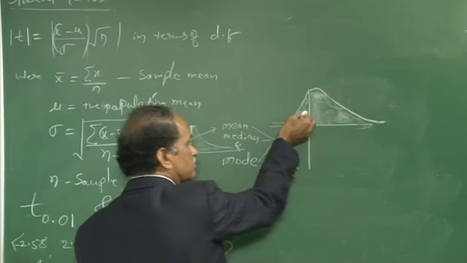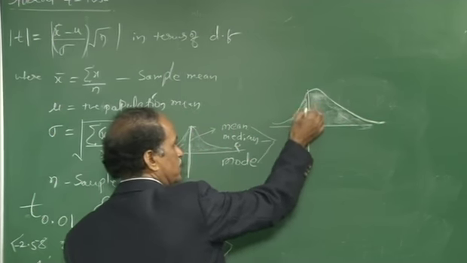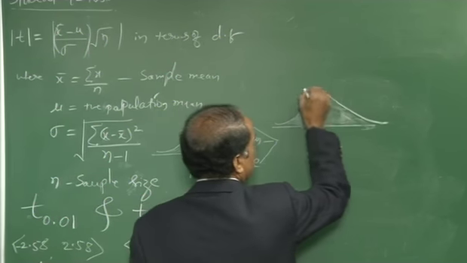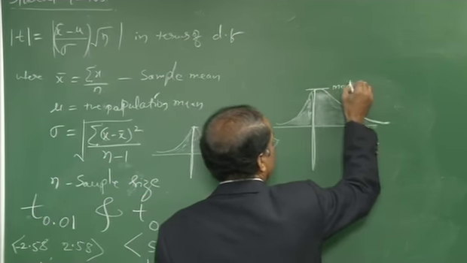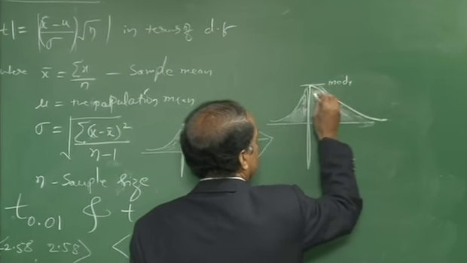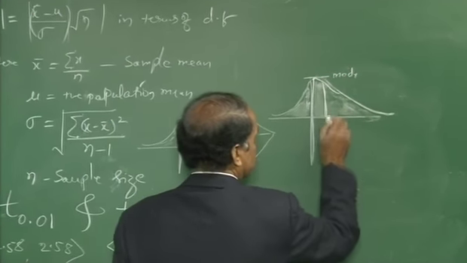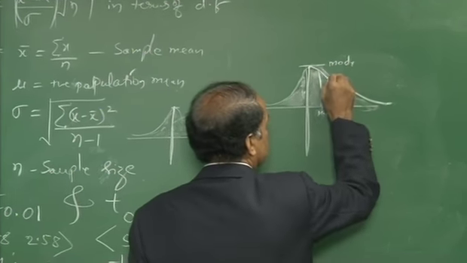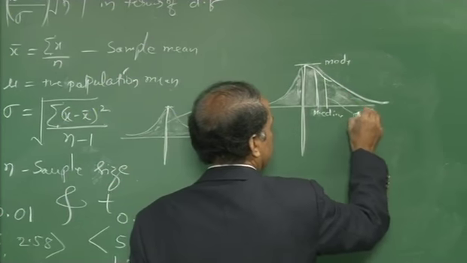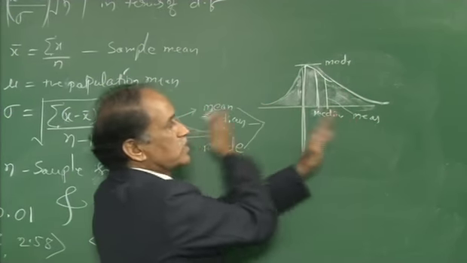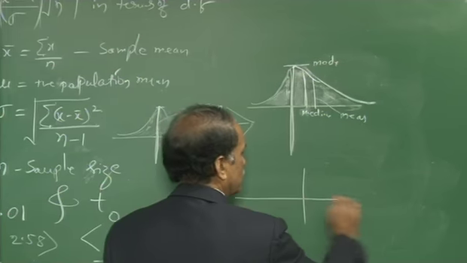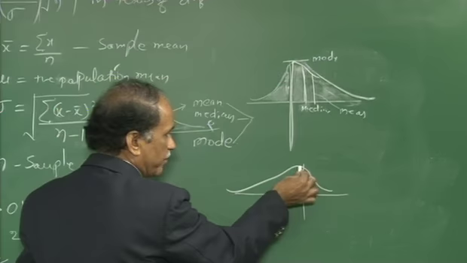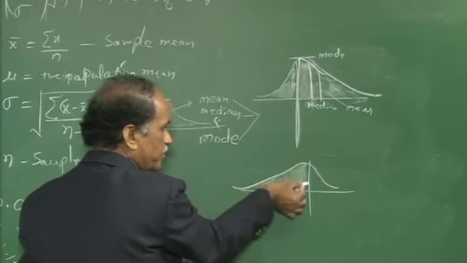This is called positively skewed data. In this case the maximum height is the mode, the second height is the median, and the third is the arithmetic mean. Similarly, if you see in the opposite direction towards the negative x axis, then the maximum number of items are lying towards the left side.